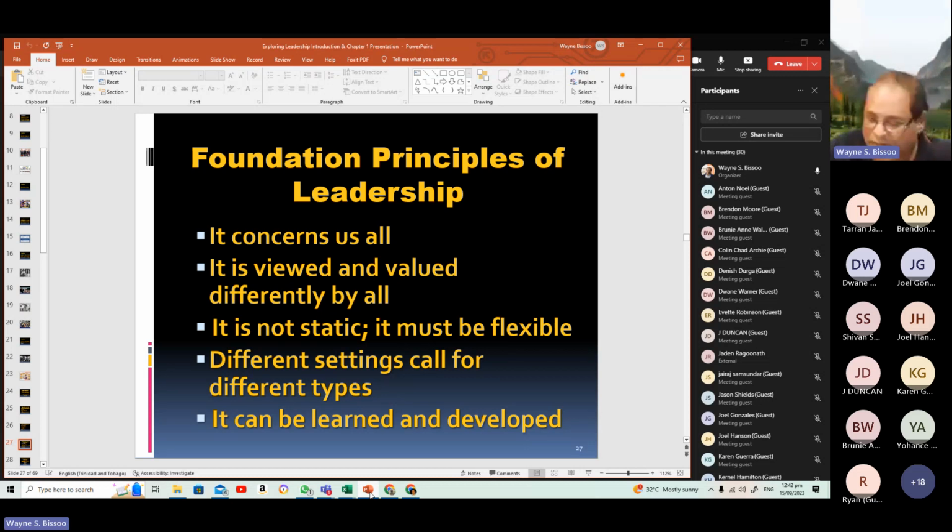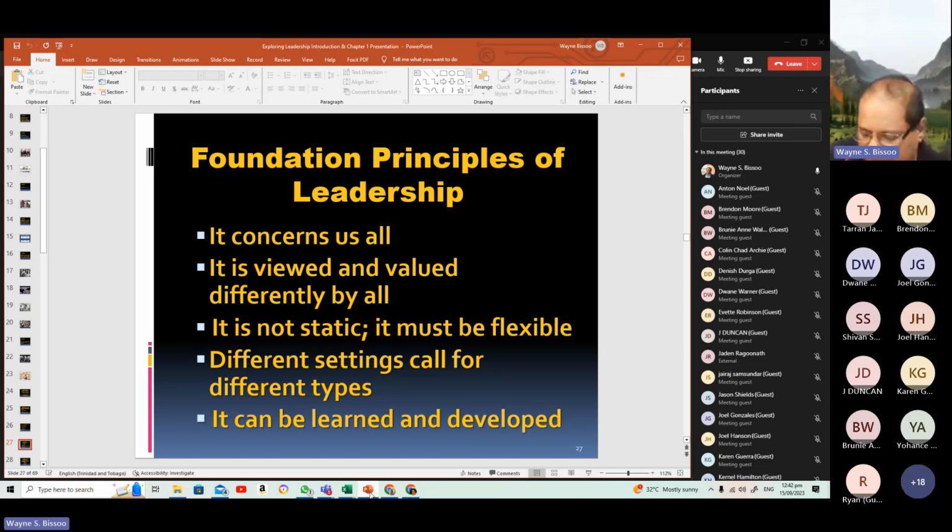It's also not a static issue, it's a dynamic issue, and whatever leadership techniques you utilize must be flexible and adjust with the circumstances you find yourself in. So you can't get stuck in one style. You have to be able to utilize different types of leadership in different circumstances.